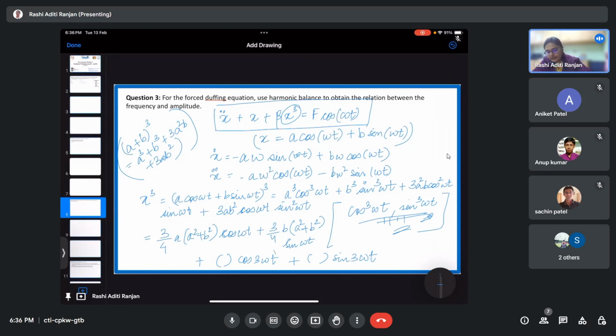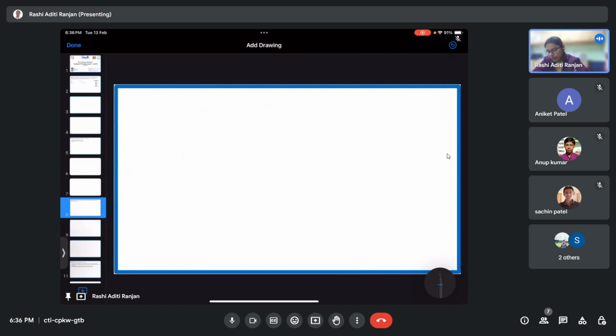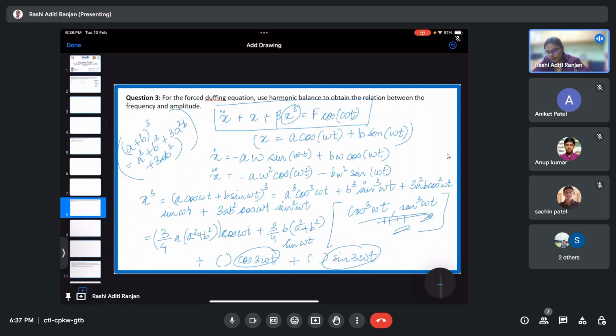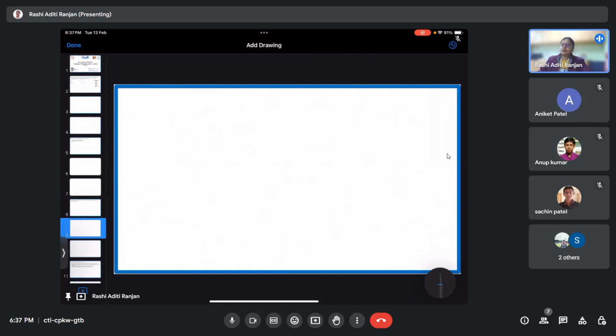We are neglecting these because we are assuming that the terms at omega are dominant over these terms, so for now we are neglecting these effects and we are considering that it is showing periodic oscillation with a frequency omega. So now I can write the expression as minus a omega square sine of omega t minus b omega square.